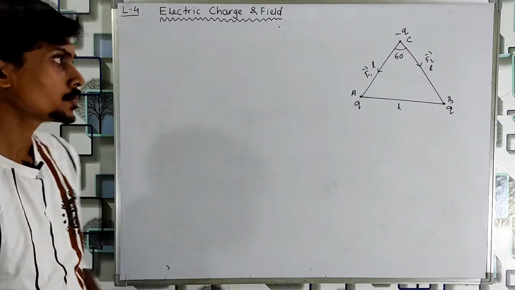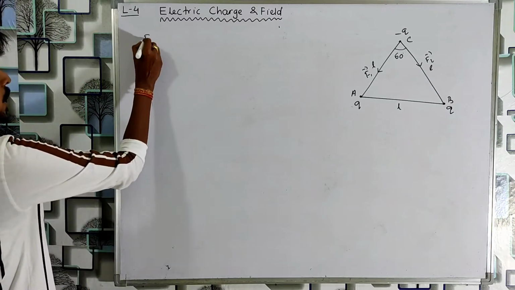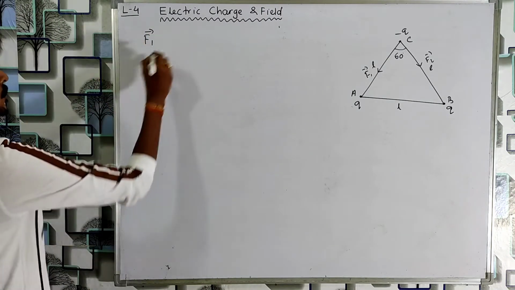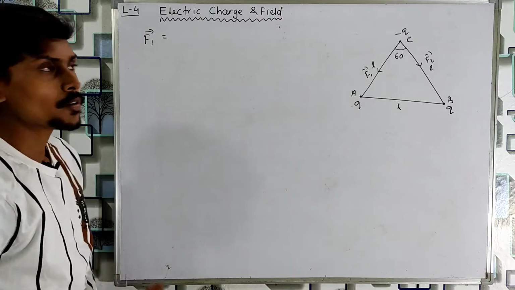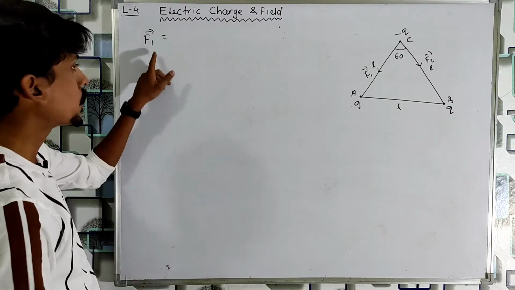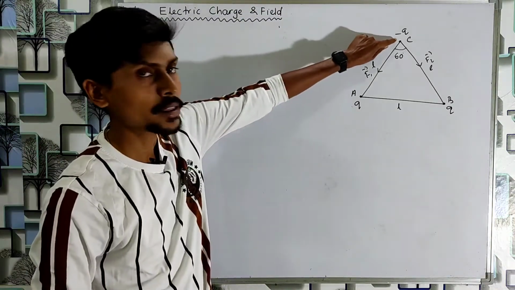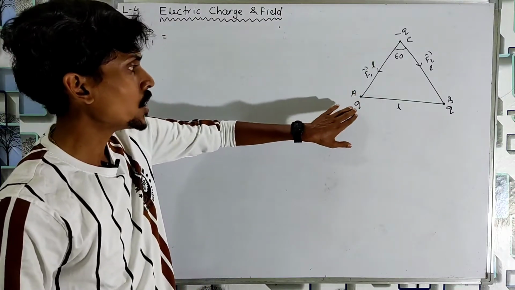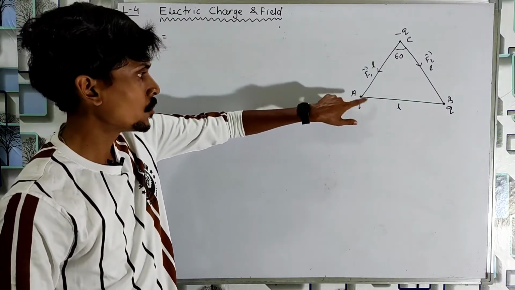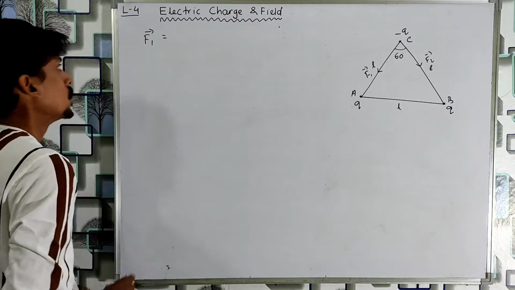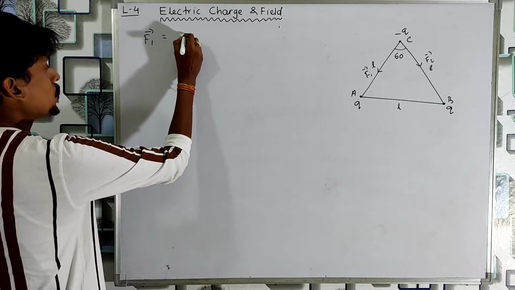Is that clear? So F1 vector, what will be the value of F1 vector? F1 vector means the force on minus Q due to the charge at A, means due to the charge plus Q. So F1 vector will be how much?